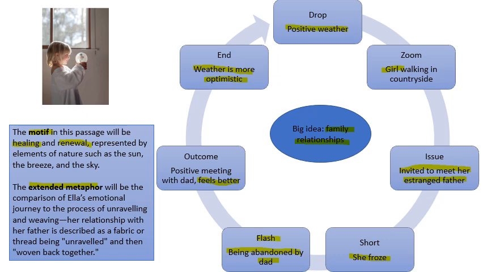Okay, so there's going to be an extended metaphor of unraveling and weaving, and that's going to represent the relationship she has with her father. It's going to be described like it's a piece of fabric or thread, and it's being unravelled and then woven back together. So those continual references to fabric, unravelling and weaving represent Ella's relationship and emotional journey as she reunites with her father.